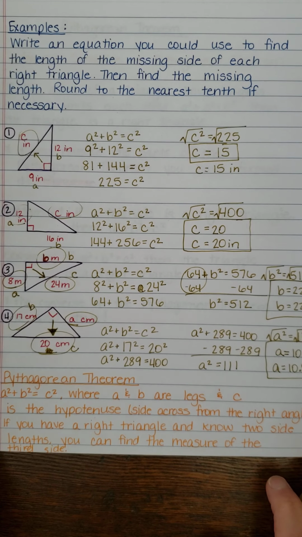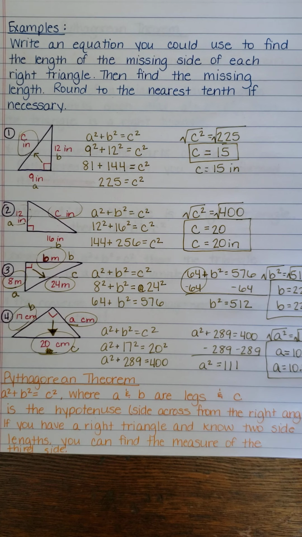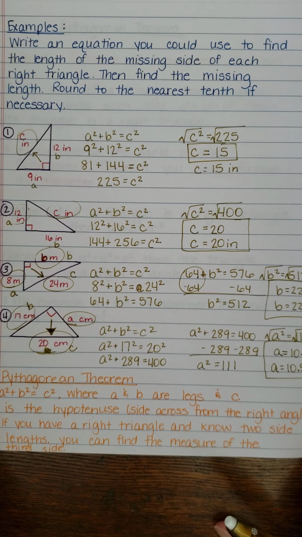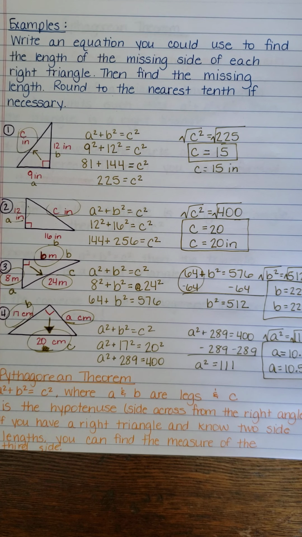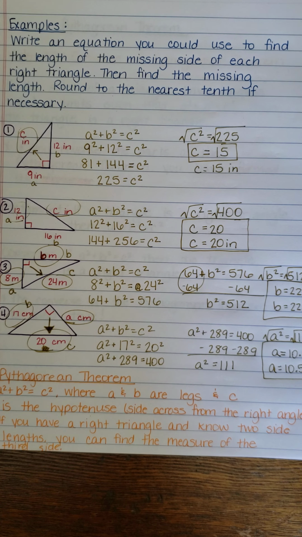So to wrap things up, the Pythagorean theorem says A squared plus B squared equals C squared, where A and B are legs and C is the hypotenuse, which is the side across from the right angle. If you have a right triangle and you know two side lengths, you can find the measure of the third side by using the Pythagorean theorem.